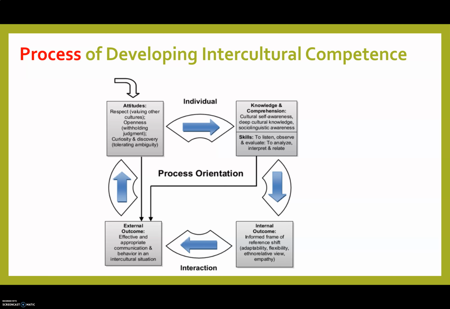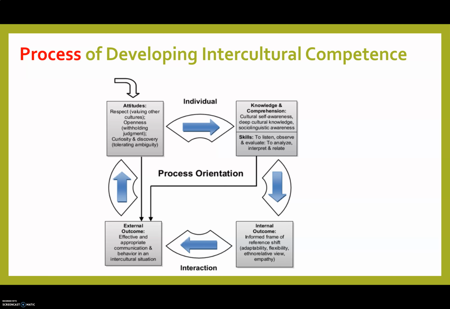Then through interaction with people from those various cultures, it leads to external outcomes. And in terms of external outcomes, what you're doing is you're turning these internal features into external skills. So you are an effective and appropriate communicator, and you can behave in an interculturally appropriate way in any given situation.